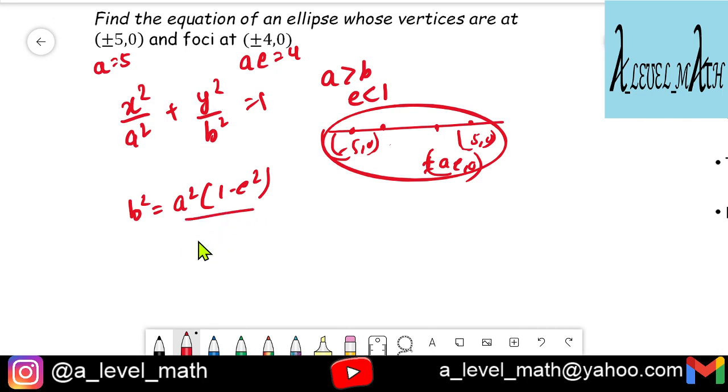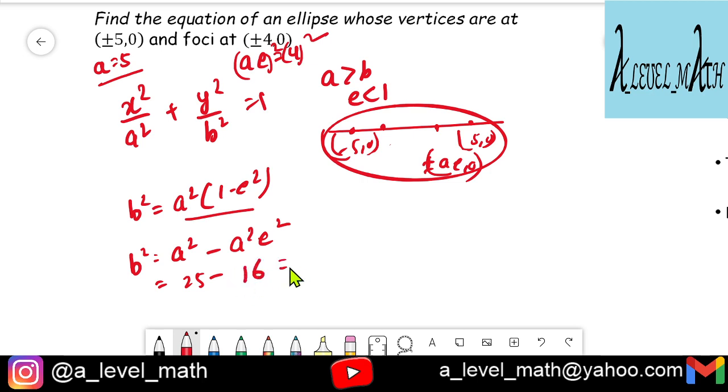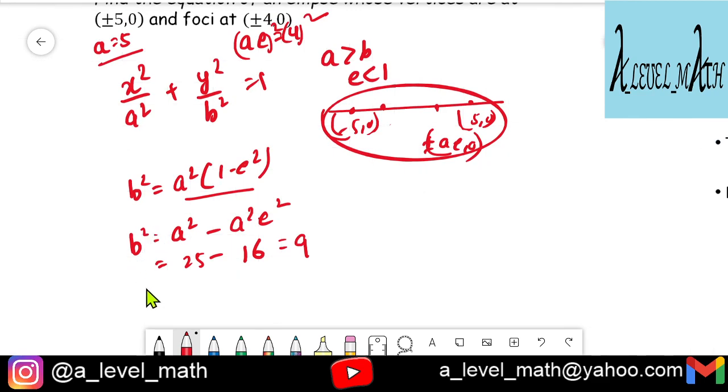If I multiply this throughout, I get b square is equal to a square minus a square e square. a square will be 25. ae is 4, so if I square both sides, I get a square e square as 16. 25 minus 16 is 9. So I get the value of b square as 9, so b is equal to 3.